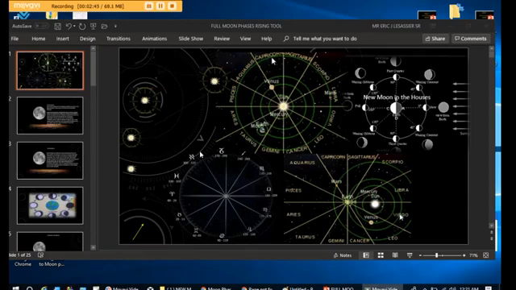So we'll start with the constellational ages. Now each age lasts 2,160 years. And if you look at the screen, you'll see the Piscean age, and I put this star here to indicate that the age is right now at the end of the Piscean age, getting ready to go into the Aquarian age.